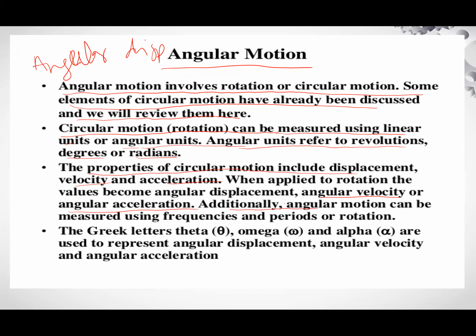Additionally, angular motion can be measured using frequency and time period. The Greek letters theta, omega, and alpha are used to represent angular displacement, angular velocity, and angular acceleration. For acceleration, alpha; for displacement, theta; and for velocity, omega.